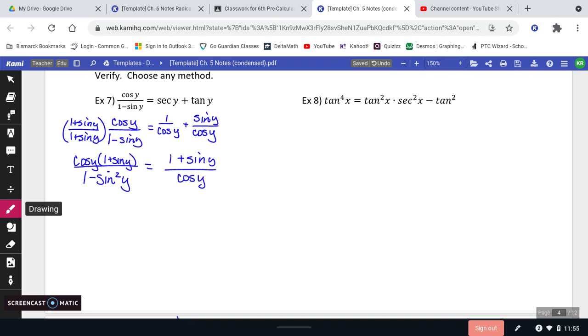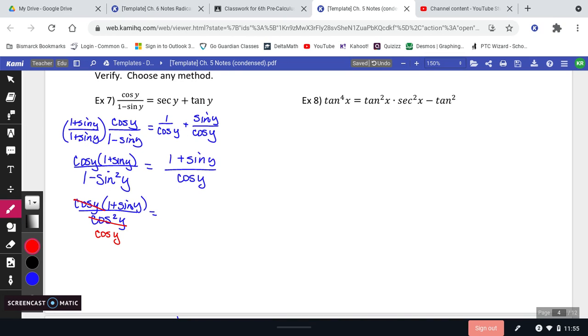1 minus sine squared, from your Pythagorean identity, that's cosine squared. Now look at my numerator. I have a cosine, so I can cancel out this cosine with one of those cosines. You will still have a cosine in the denominator.